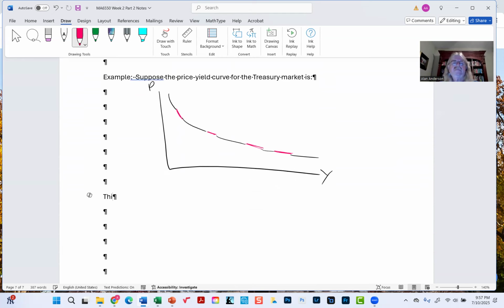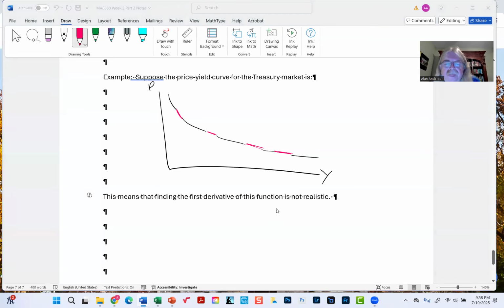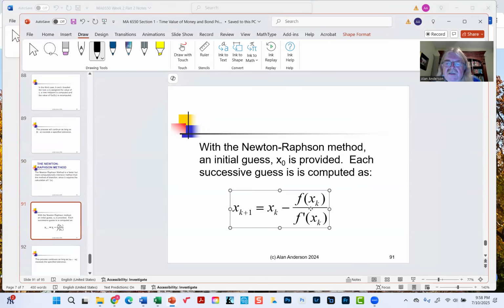This means that finding the first derivative of this function is not realistic. I mean, you can do some approximations, but you're not likely to be able to find the actual first derivative because we don't actually know the full function. And even if we did, it's assumed to be smooth and continuous, but that may not actually be the case in practice. So what that means then is that Newton's method is going to be a problem for something like this. But if you do use it, this is what it looks like.